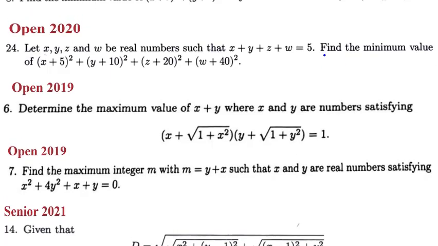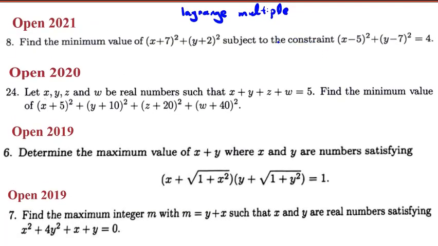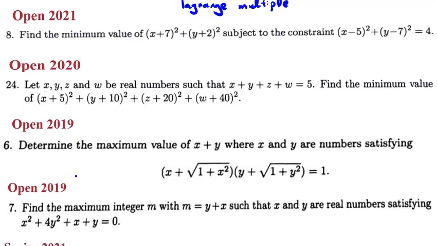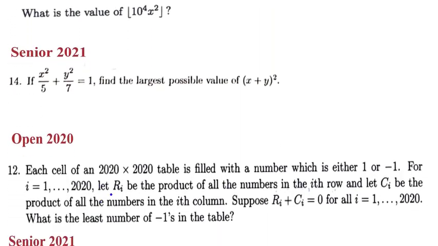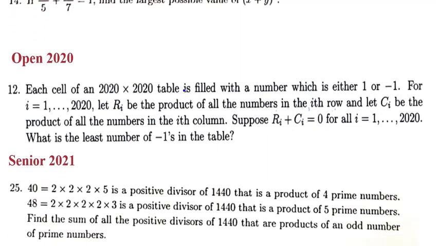So let's solve. I want to explain this for you. There are some ideas that in SMO and other Olympiads are very useful. One of them is the Lagrange multiplier. We want to solve these problems with that. The other one is for this problem. We want to consider, for this one from open section 2020, a small example.